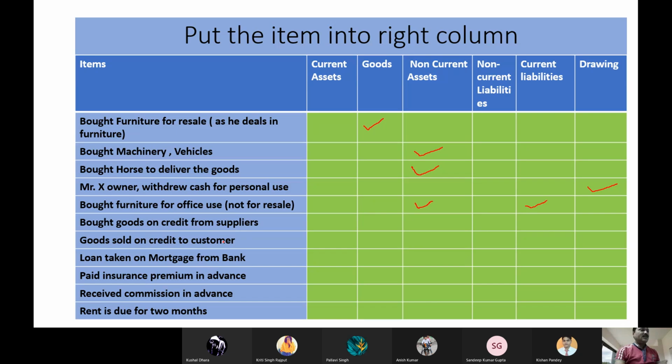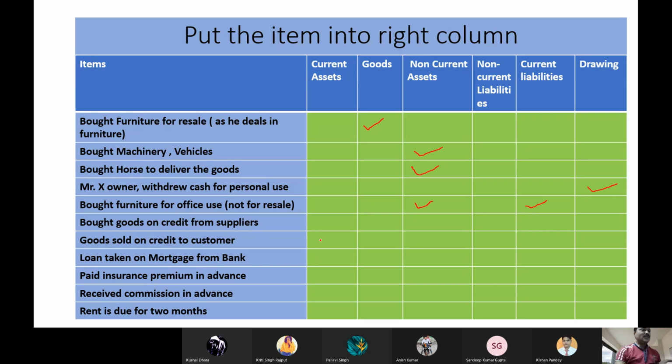Okay. Now, goods sold on credit to customer. So here you are selling goods to a customer on credit, meaning you have to take back money from the customer after some time. The customer will be called debtor, and you know that debtor is a part of assets, but what kind of assets? Current assets or non-current assets? As you know, current assets refers to those which can be converted into cash within a year's time.